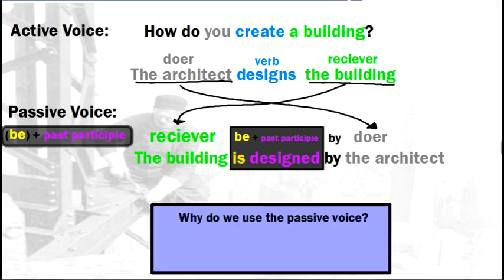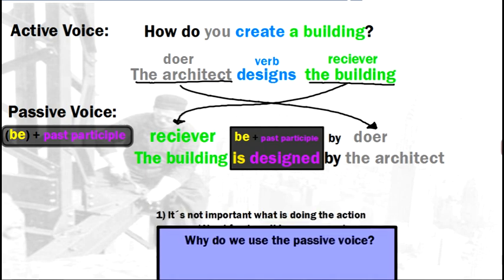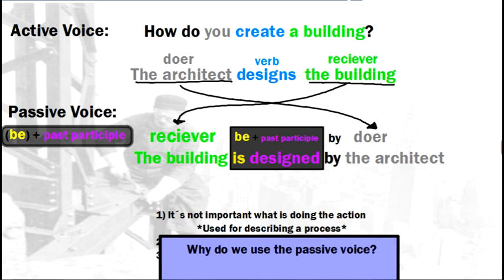But let's think why. Why do we use the passive voice? Well, probably the biggest reason why we use the passive voice is that it's not important what is doing the action. So it's used for describing a process in the context that, well, I don't need to talk about who is doing this action.